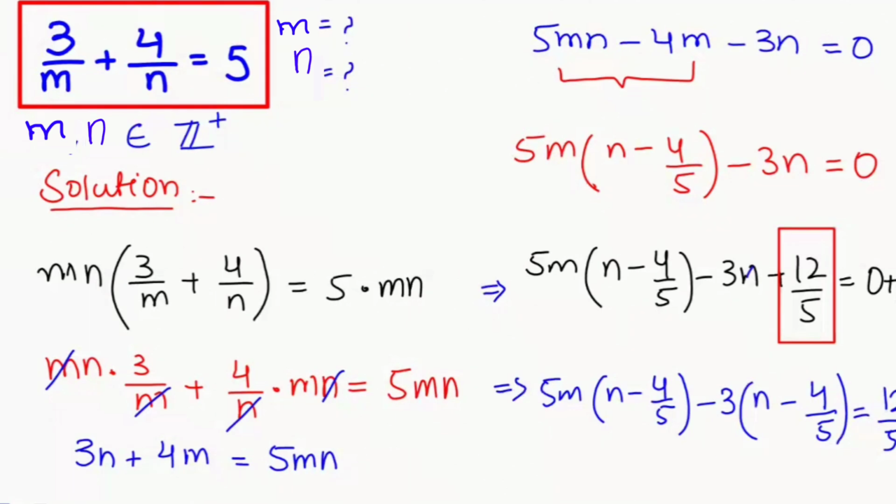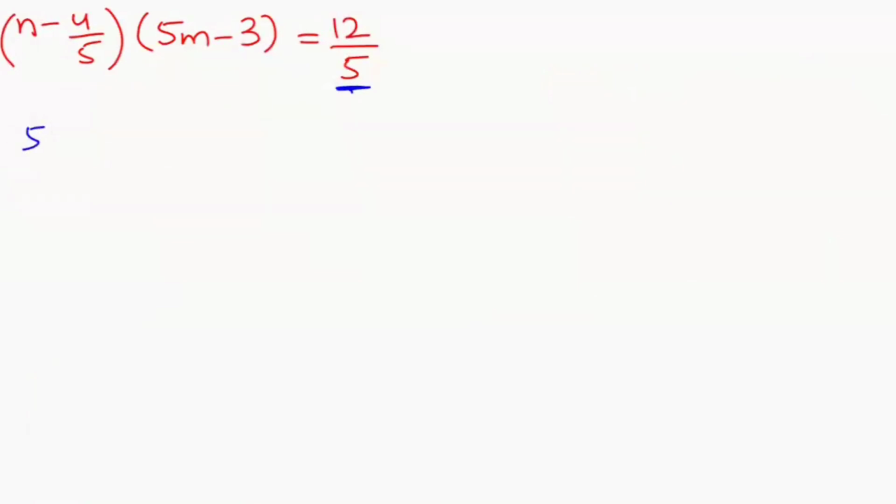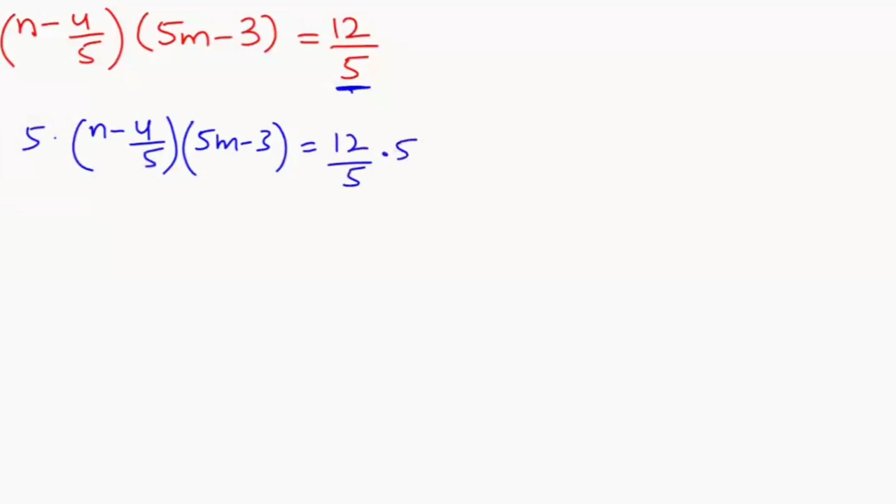Now I am going to rearrange it. n minus 4 over 5 times 5m minus 3 equals 12 over 5. Now here this 5 is dividing, so it is going to be multiplied on both sides. 5 times n minus 4 over 5, times 5m minus 3, equals 12 over 5 times 5.